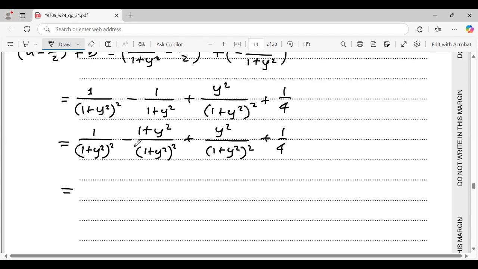That is 1 minus 1 minus y squared plus y squared over 1 plus y squared, plus 1/4. So the result is 1/4. This is 0.